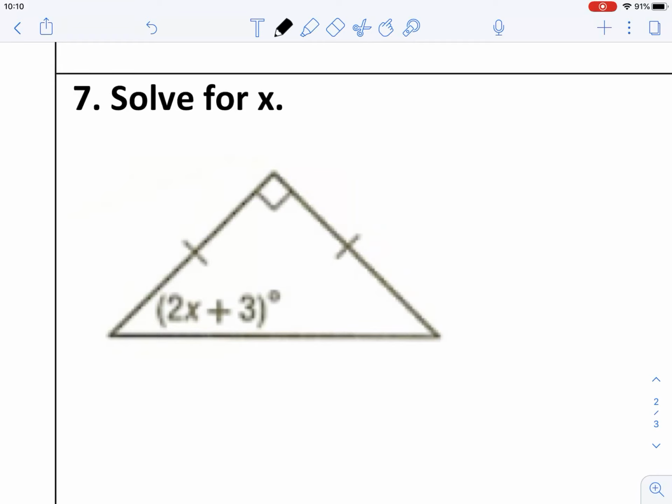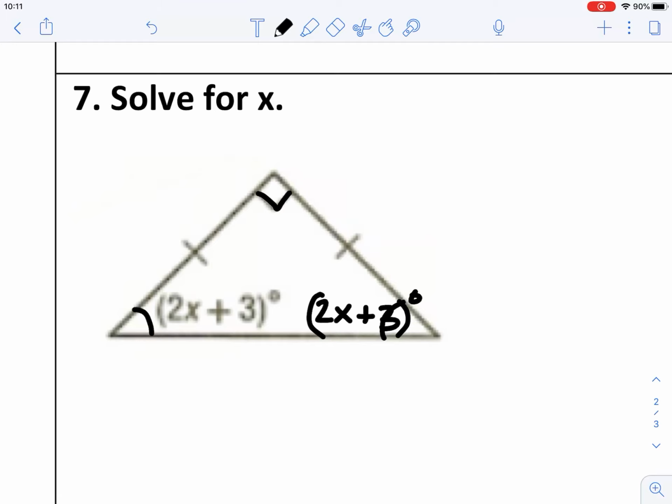For number 7, we're looking at a similar situation to number 6, where I have two sides congruent. Therefore, my base angles, the angles opposite the congruent sides, are congruent. And therefore, this angle at the bottom right is equal to 2x plus 3 degrees.